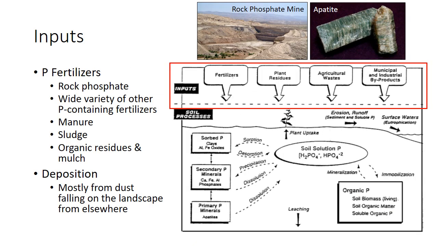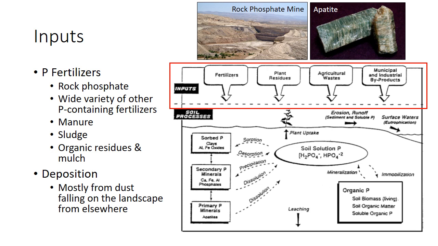All right, so let's talk about inputs first. Inputs include fertilizers, plant residues, agricultural wastes, as well as municipal and industrial byproducts. Fertilizers could include just raw rock phosphate, and the primary mineral that is applied is apatite. Here's an apatite specimen in the top right picture.